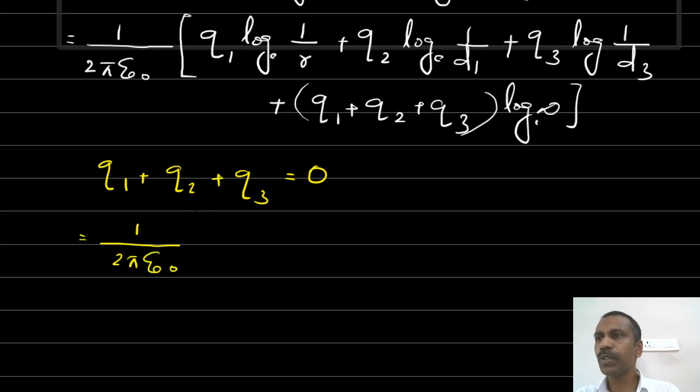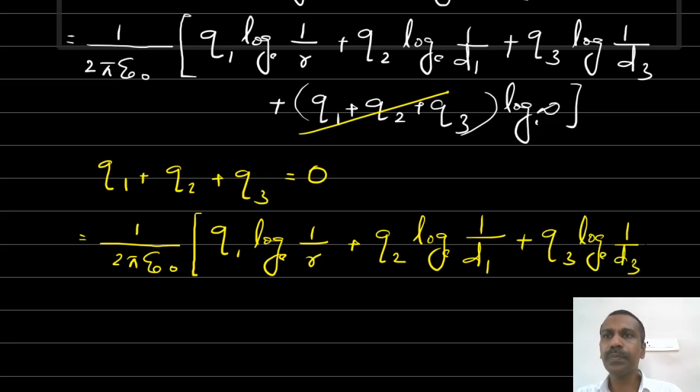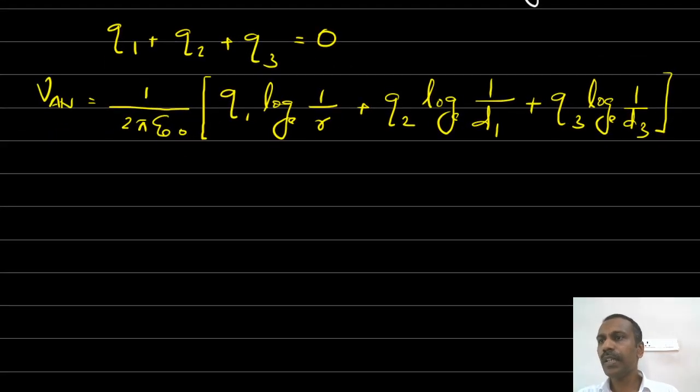So 1 by 2 pi epsilon 0 into Q1, so this term is 0, log 1 by r, plus Q2 into log 1 by d1 plus Q3 into log 1 by d3. So this is the potential of the first phase. Similarly, we can find out the potential of the other two phases. VBN we can find out, and VCN also we can easily find out.